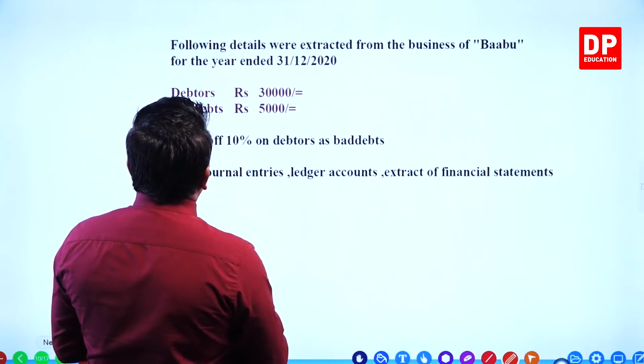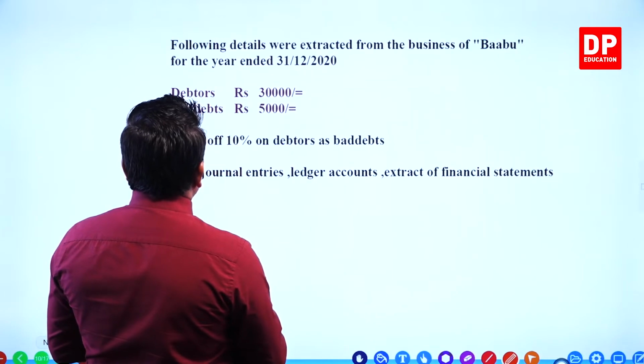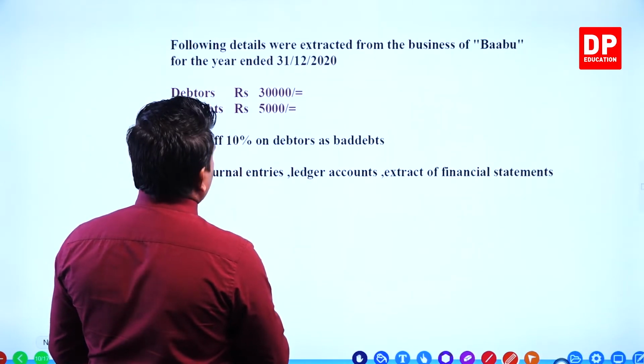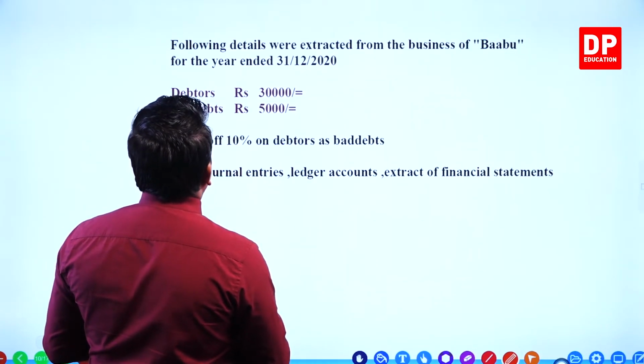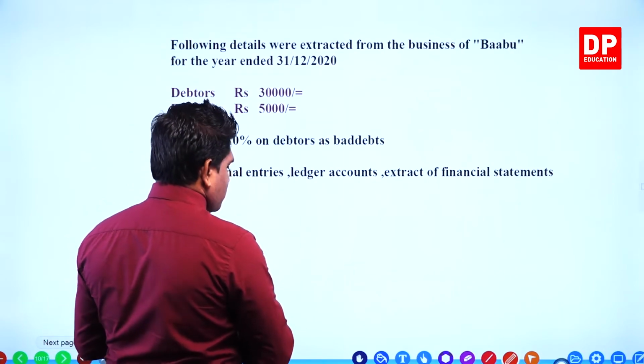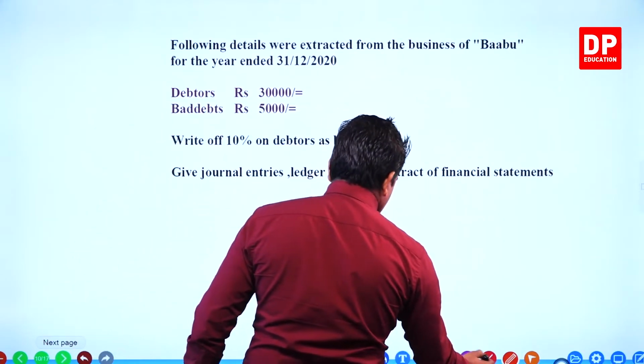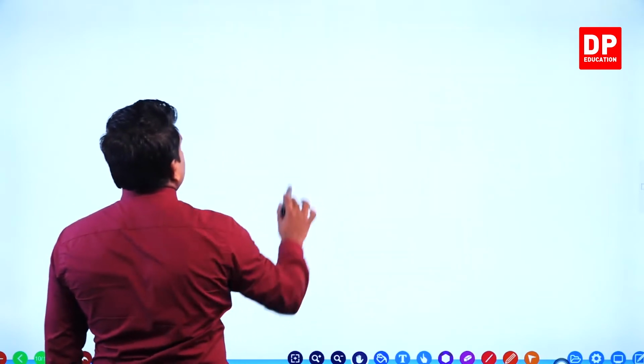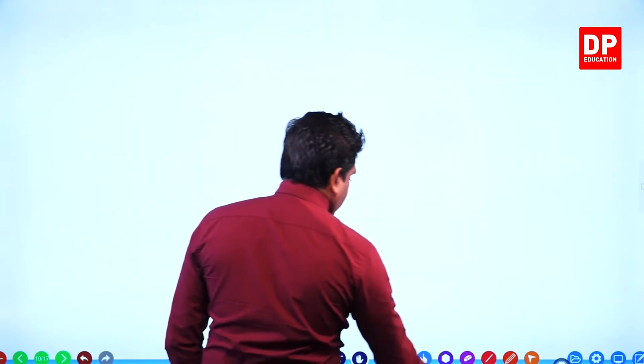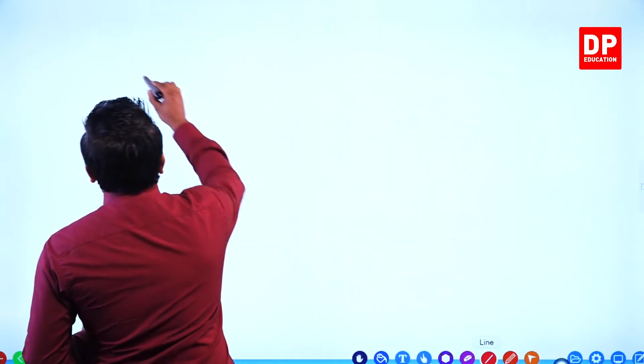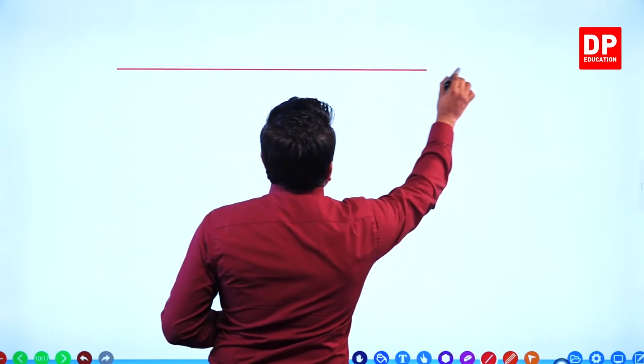Now, we have to draw two ledger accounts, one general journal, and extract of financial statements, right? Then you draw the general journal.